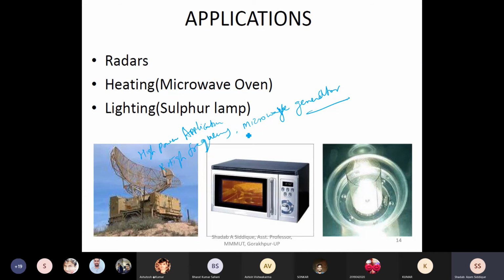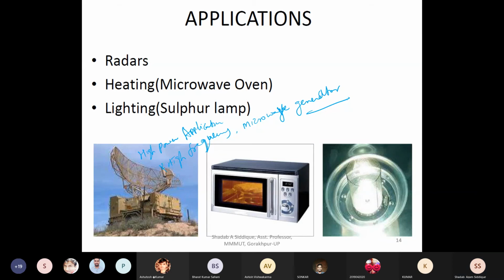It is also used in the microwave oven, and it is also used in lamps, where it can be used as a heating element. So in a sulfur lamp, we can use this magnetron.